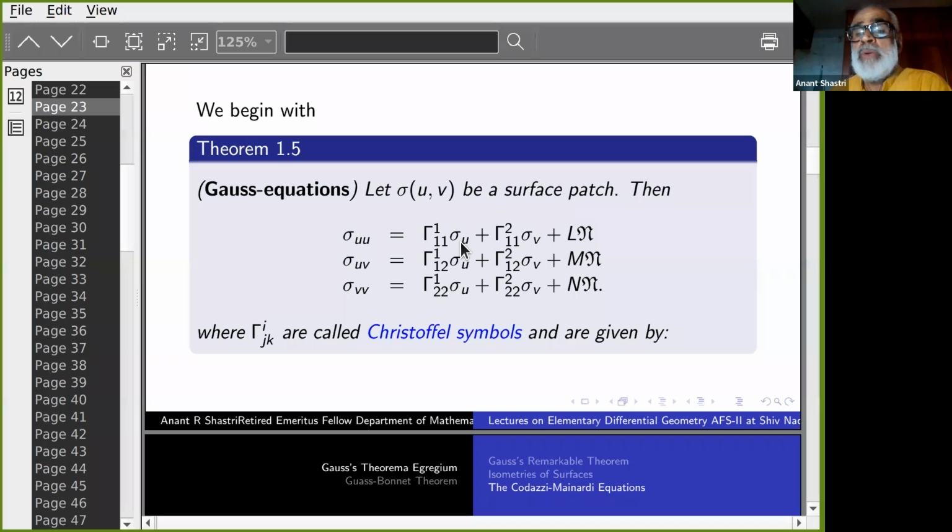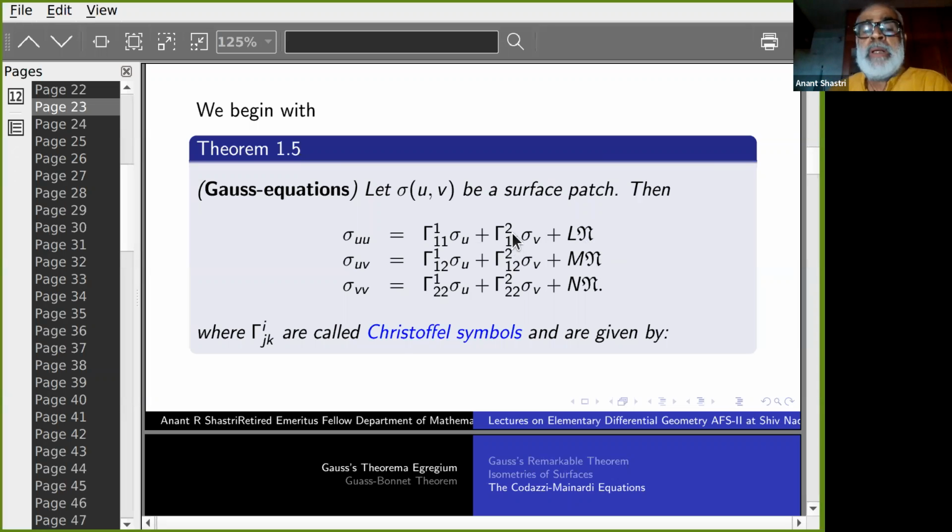We have sigma u, sigma v, independent vectors in the tangent plane, and n is the normal vector. So sigma u, sigma v, n form a basis for R3 as a vector space at each point. Therefore, every vector can be written as a linear combination of these three vectors uniquely.